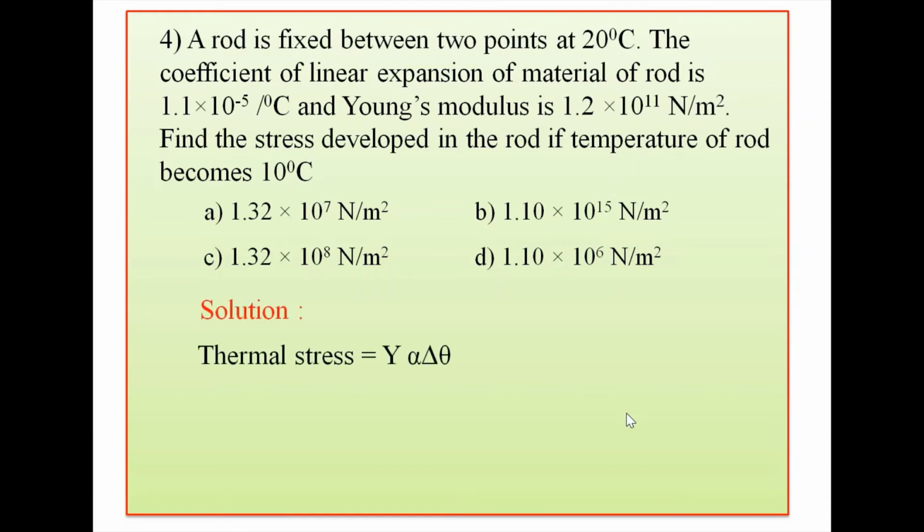The solution for this: as we know from our theory, thermal stress has the formula Y into alpha into delta theta. So putting the values of Y, alpha and delta theta in this equation, Y is given as 1.2 into 10 raised to 11, coefficient of linear expansion is 1.1 into 10 raised to minus 5, and temperature difference is 20 minus 10.